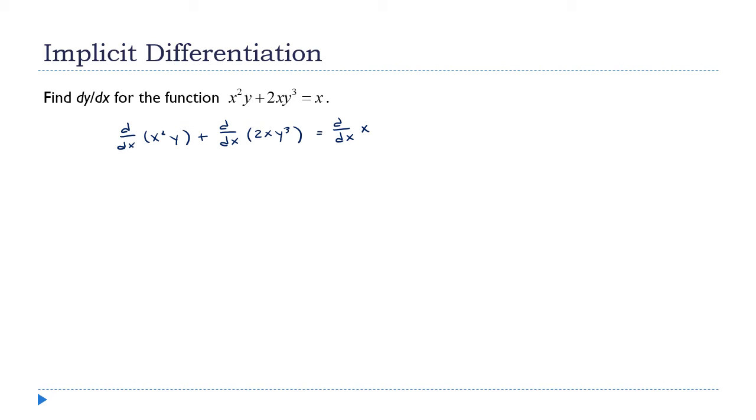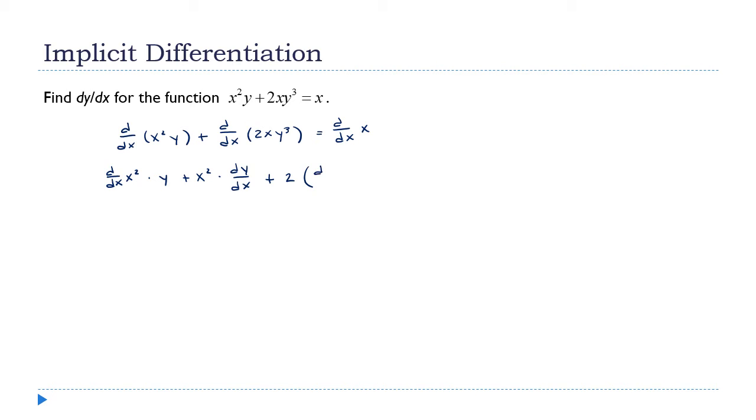Okay, so over here on the left-hand side, I've got a product rule situation. This is the derivative of x squared times y plus x squared times the derivative of y. See, that's nice, that's just dy/dx, that's just going to be y prime. Plus, then over here, bring the 2 out and then apply the product rule.